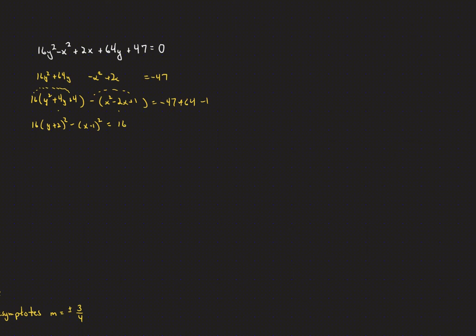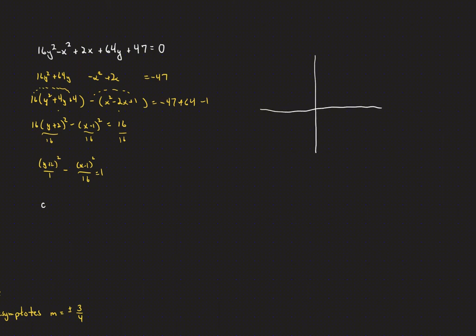So we'll divide everything by 16 to make it equal to 1. So that's going to be (y plus 2) squared over 1 minus (x minus 1) squared over 16 equals 1. So I'm going to see how we can start graphing this.